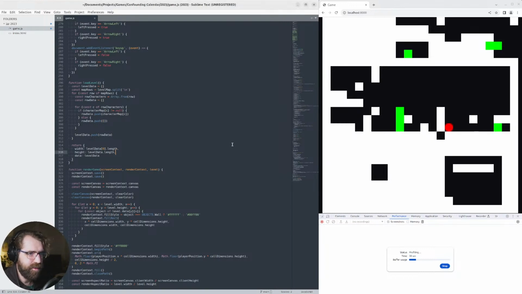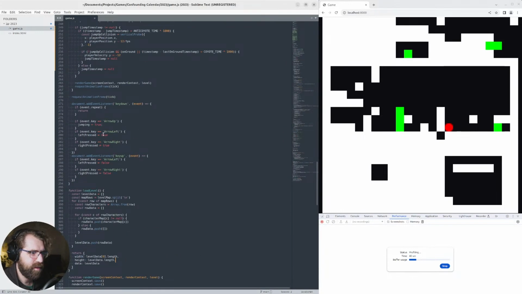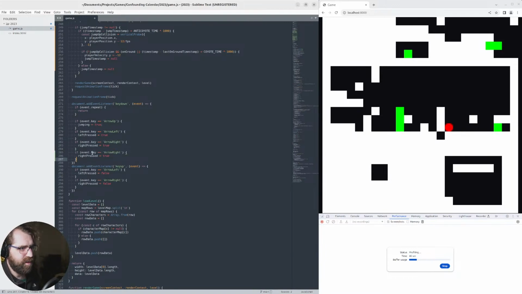Okay, I could simulate a frame skip. Sure, let's do it. If event key is... how do you do letters? JavaScript event key. Oh, I've still got the profile running.